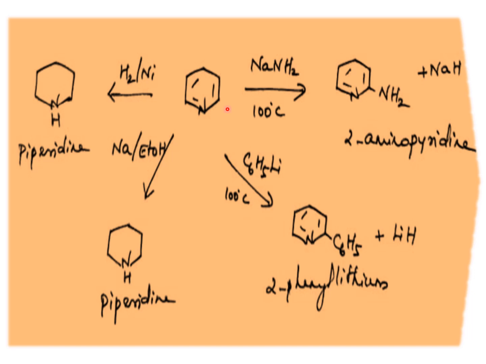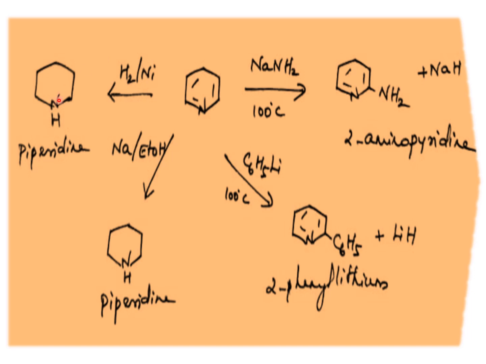These are the examples of nucleophilic substitution reactions of pyridine. The first example is the reaction with sodamide at high temperature to provide 2-aminopyridine. Phenyl lithium at 100 degrees Celsius gives 2-phenylpyridine. With sodium and ethanol reduction, it gives piperidine. Similarly, on reduction with hydrogen and nickel, it provides piperidine.